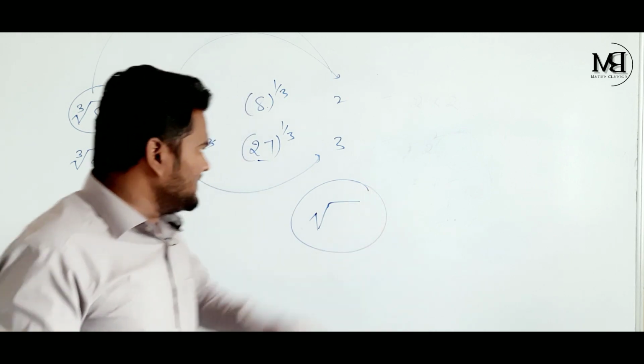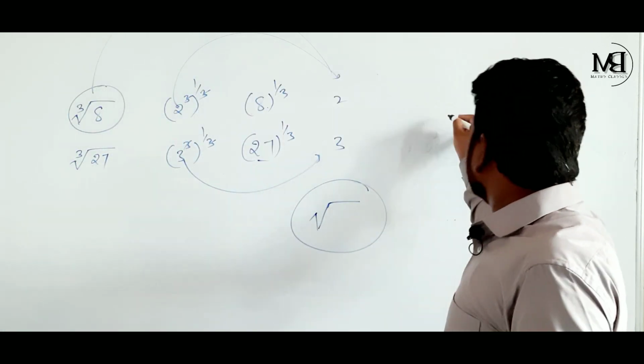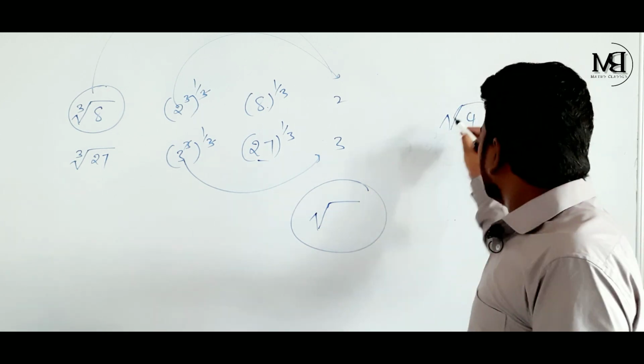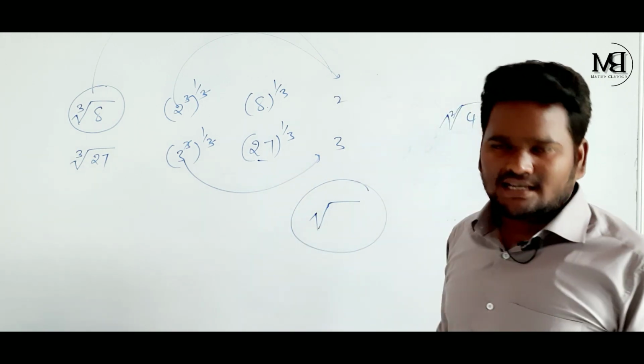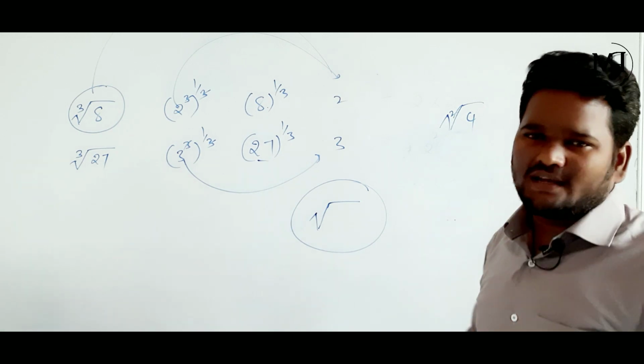Got my point? And when you are going to find the square root, my dear children, square root of 4 for example, here actually there must be 2 in the basket, but there is an exception. No need to keep 2 here. Okay?